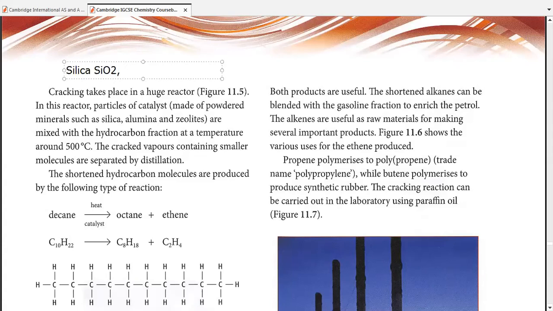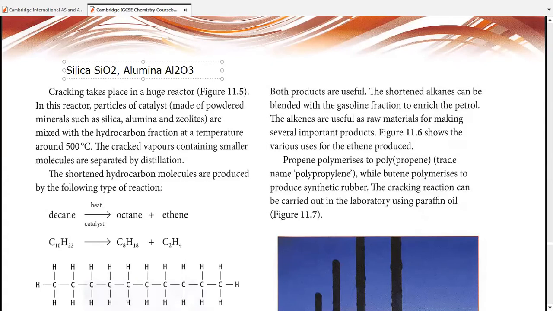Next up is alumina. Alumina is Al2O3. And then there are zeolites. Zeolites are minerals of sodium, potassium, magnesium, and calcium. However, you should be familiar with the formula of silica and formula of alumina.